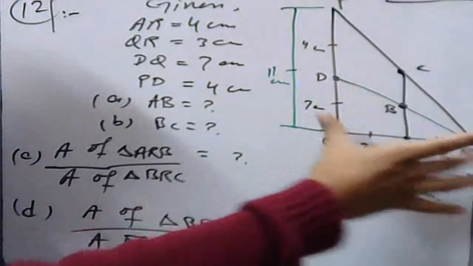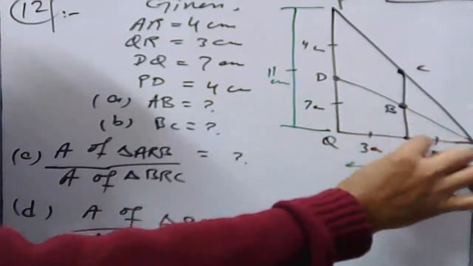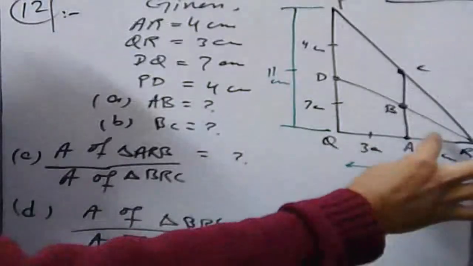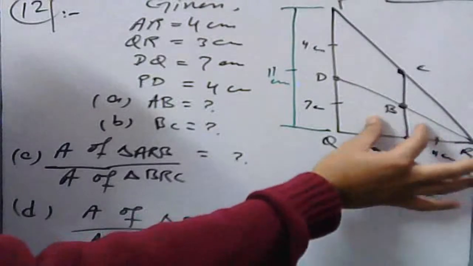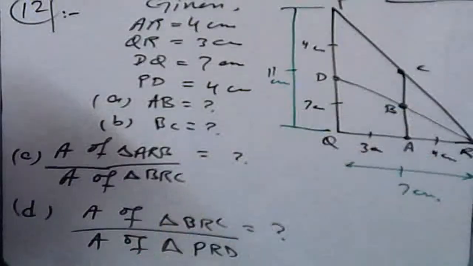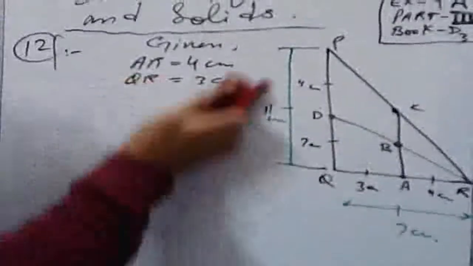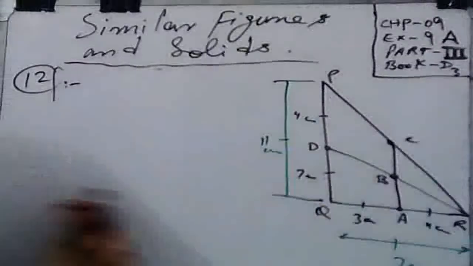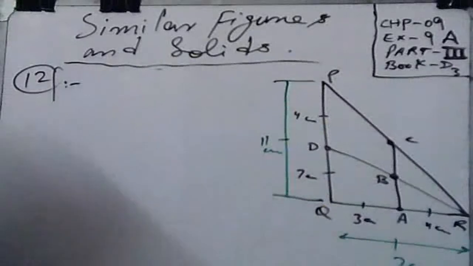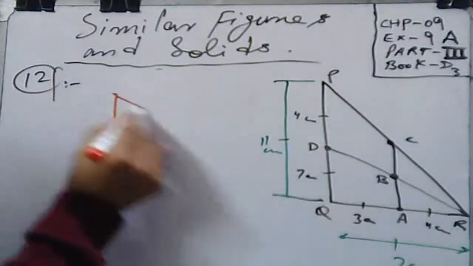Now coming to the first point, we have to find the value of AB. So what should we do? We take 2 triangles, that one is DQR, the bigger triangle, and the smaller triangle ABR. So we take this one.